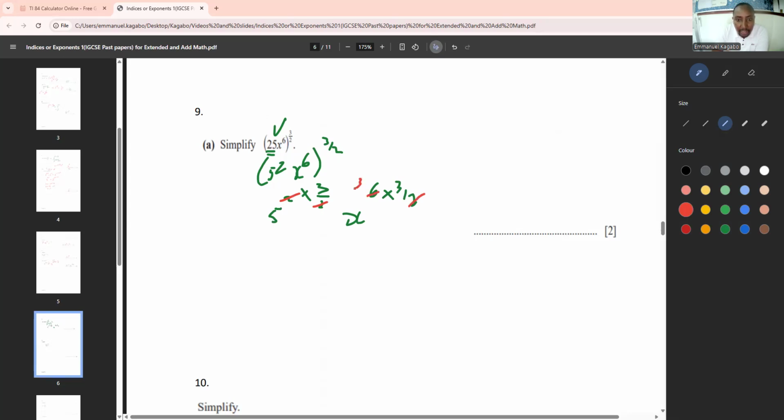I'll get 3 here. So I'll get 5 power 3, and then x power 3 times 3 gives me 9. So what's the final answer, guys? 125, x power 9.